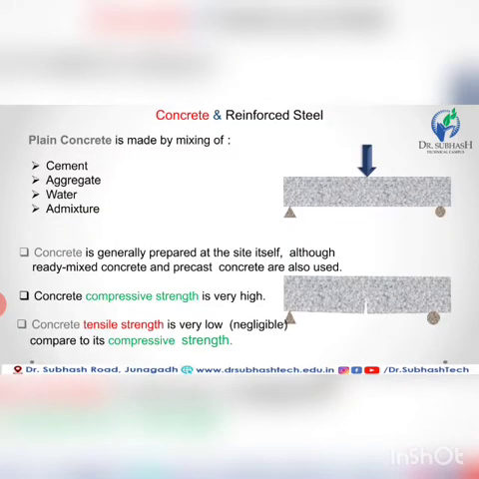Next, concrete and reinforced steel. First, plain concrete is made by mixing cement, aggregate, water, and admixture. Concrete is generally prepared at the site itself.